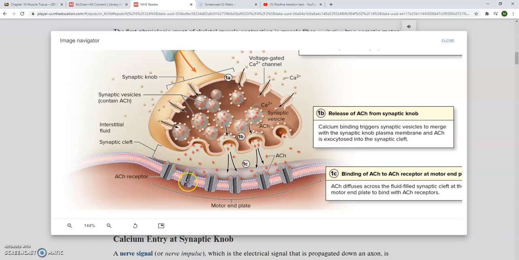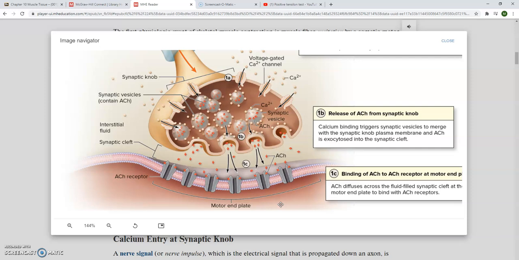If we don't have enough of these, you might occasionally get an action potential going down the sarcolemma, but not like it's supposed to, and not as strong. That's why we'll see muscle fatigue and weakness in a person or an animal with this condition.